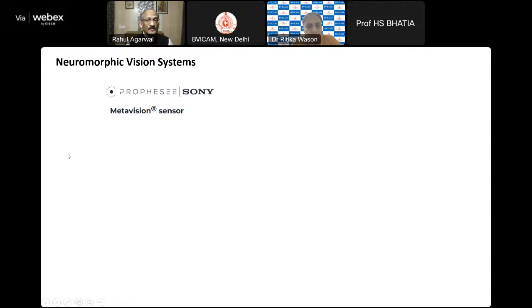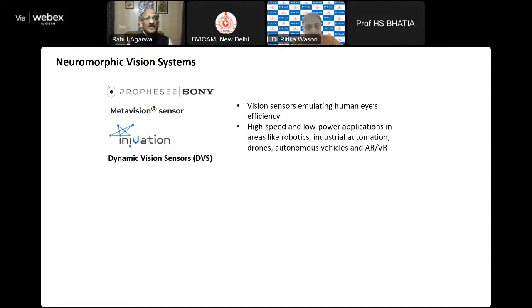There's a company called Prophesee, which is working along with Sony, and they have introduced products called the MetaVision sensor. There's another company called iniVation, which is introducing dynamic vision sensors, DVS. These systems allow you to emulate the efficiency of the human eye, with high speed and low power, in applications like robotics, industrial automation, drones, autonomous vehicles, and AR/VR.